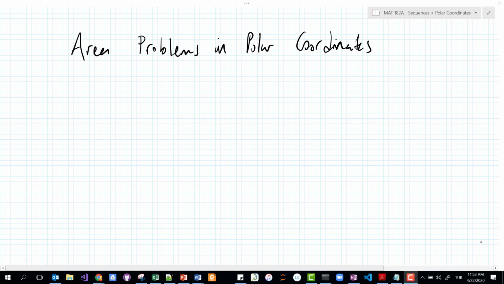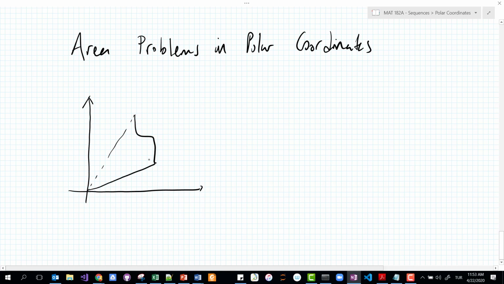To figure out an area, let's look at an example of how we can calculate an area using polar coordinates. Let's say I have an area like this, and I can represent it by this curve.